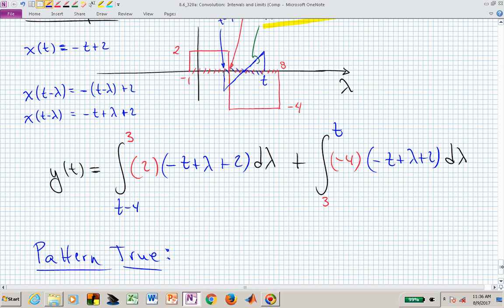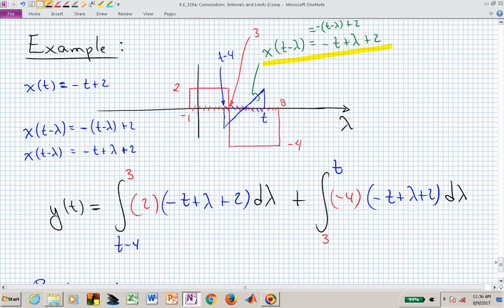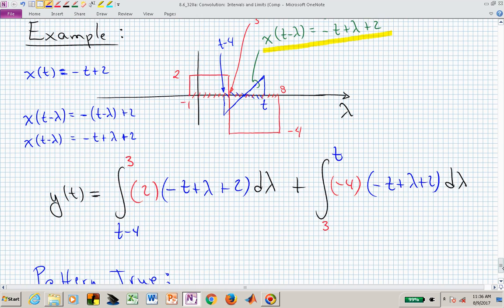And you need to keep track of the width of the intervals of support. In this case, the blue width is 4, and the red width is 4 and 5 in terms of its intervals. So this pattern is true as long as t minus 4 lives between -1 and 3.